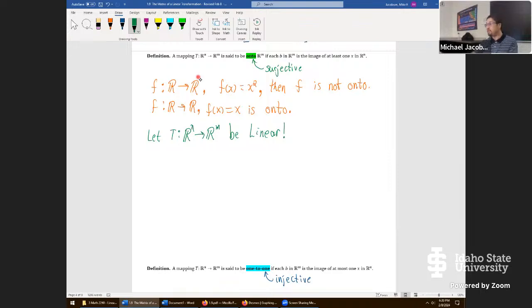So now that we have a linear transformation, there exists, and let's double check this, this is Rn to Rm, so there exists an M by N matrix A such that T of X equals AX for all X in Rn.